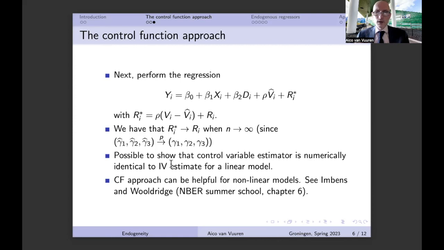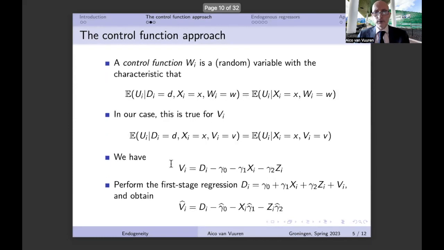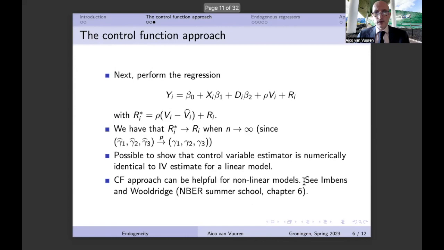What does that mean? Well, that means that when you do IV, and then after that you do the control function approach, using the first stage and the second stage regression of the control function approach and IV, and by the way, in the first stage of IV we do exactly the same thing as what we do here in the control function approach, then your final beta coefficients will be exactly identical.